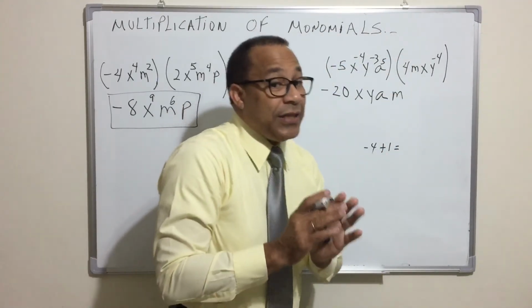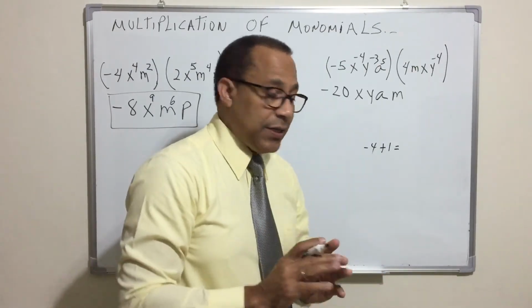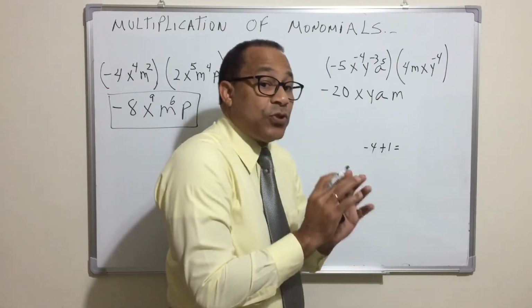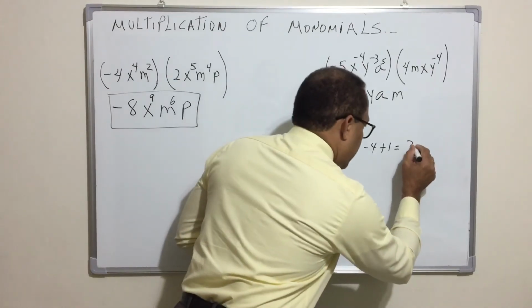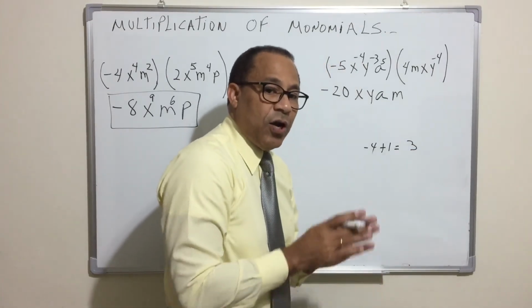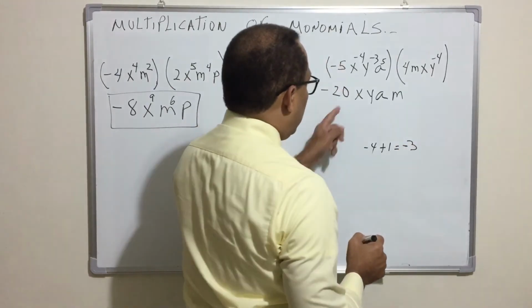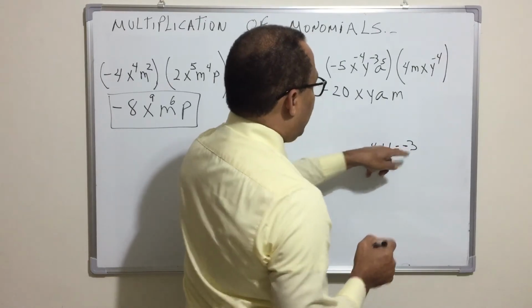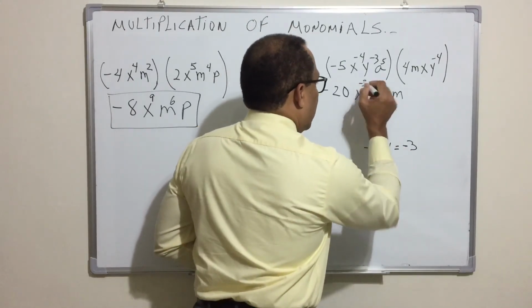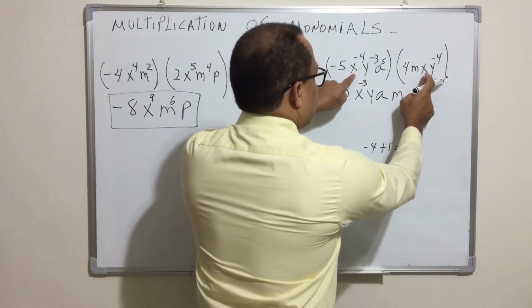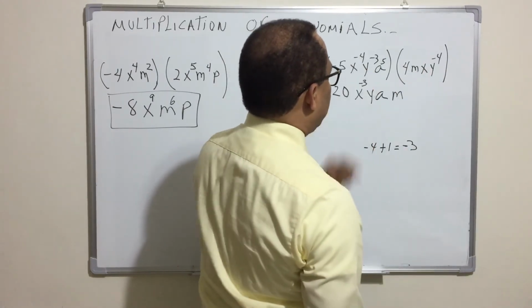The rule of addition and subtraction says when the signs are different, we subtract the numbers and we copy the sign of the greatest of them, which is a negative. So the exponent for the x will be to the negative 3.